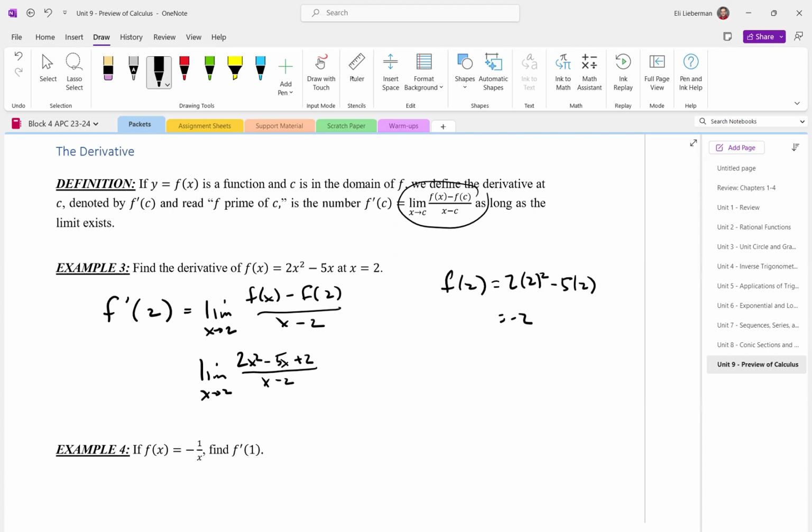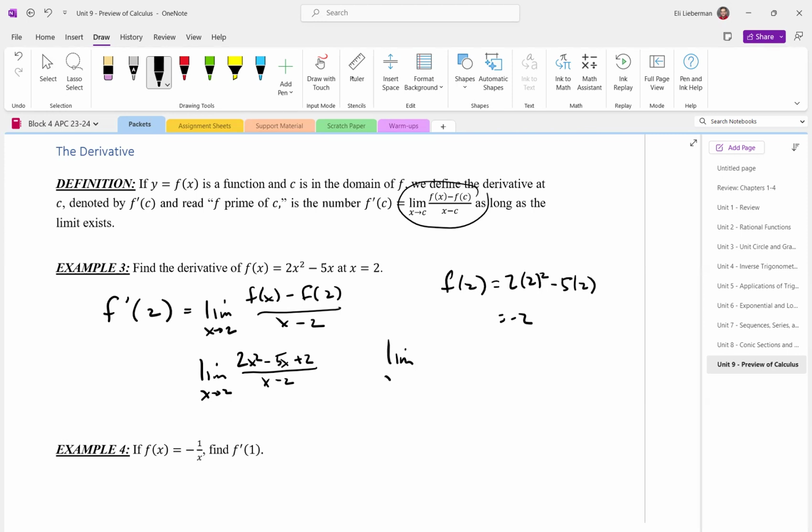Brandon, what do you think the next step is? Because if we plug in a 2, we're getting 0 over 0. Oh, factor. And what do you think one of the factors is going to be? x minus 2, hopefully, and every time that will work out, which is kind of magical.